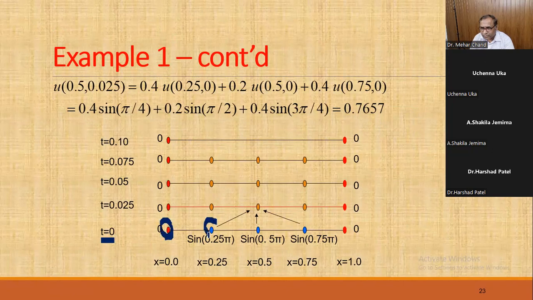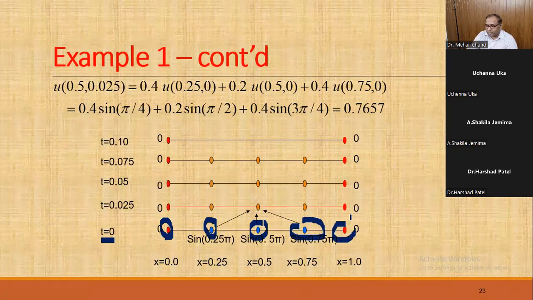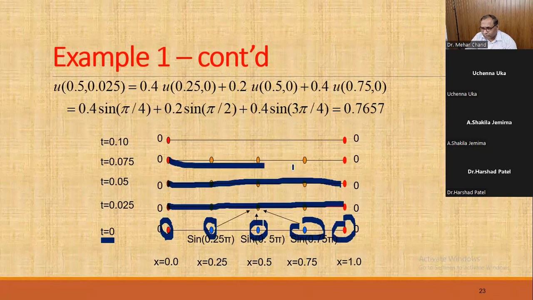Now the last row indicates: when X is 0.25, T is 0; X is 0.5, T is equal to 0; X is 0.75, T is equal to 0; and X is equal to 1, then T equal to 0. So the last row for the output is this value indication. The second last row indicates this point, then this point, then this point, and then the last point.